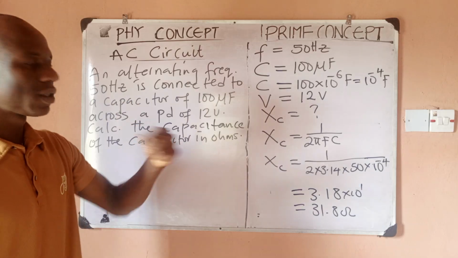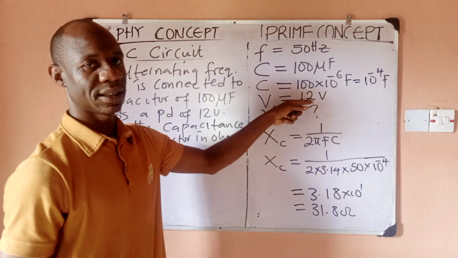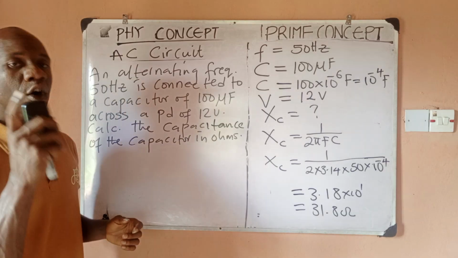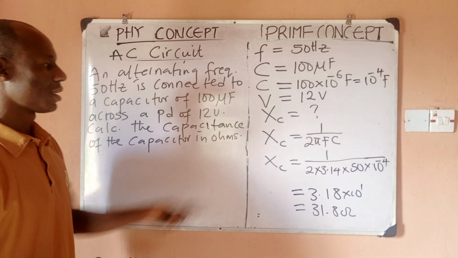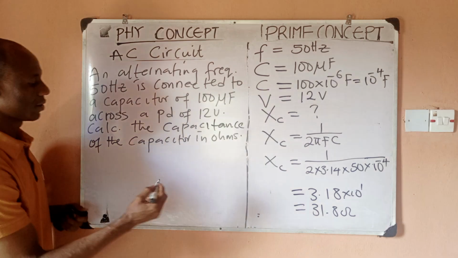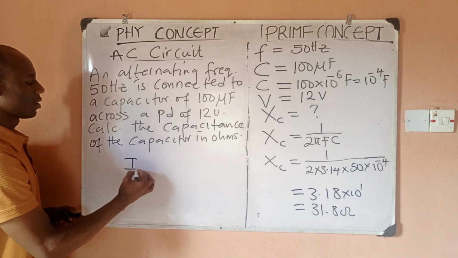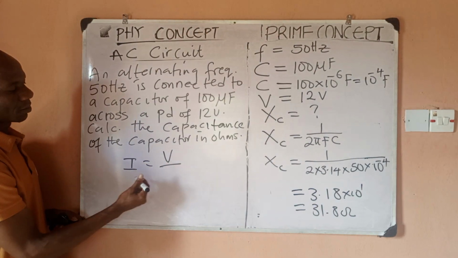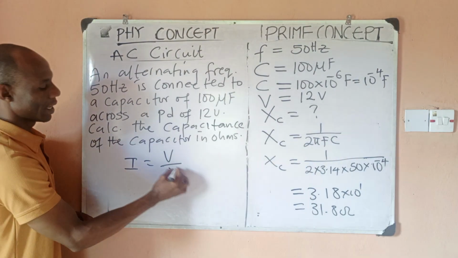So you would notice that we didn't need this, right? Yes, so we're assuming they wanted us to calculate the current flowing through that. Then we would now need this voltage. So they want you to calculate the current. You would now see that the current is going to be the voltage V, because that is the only source, then V divided by XC.